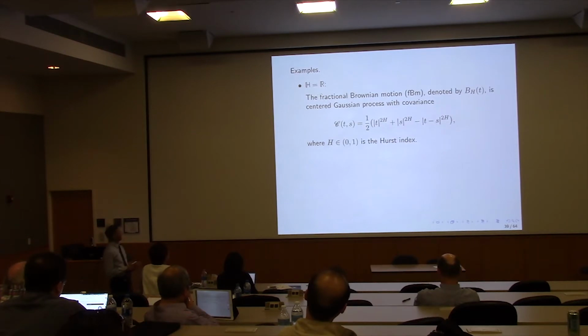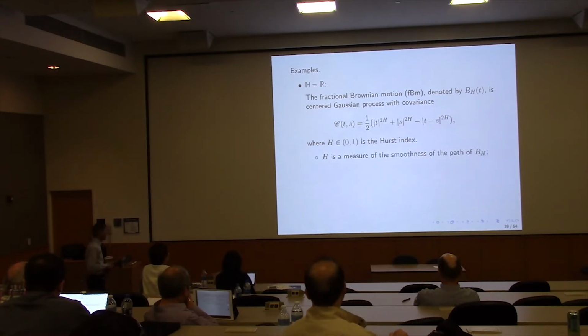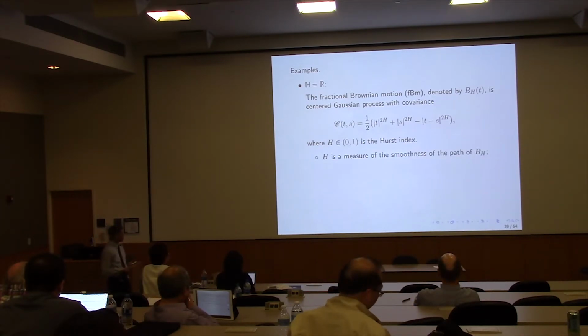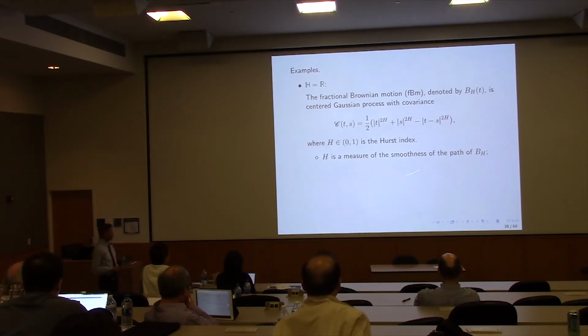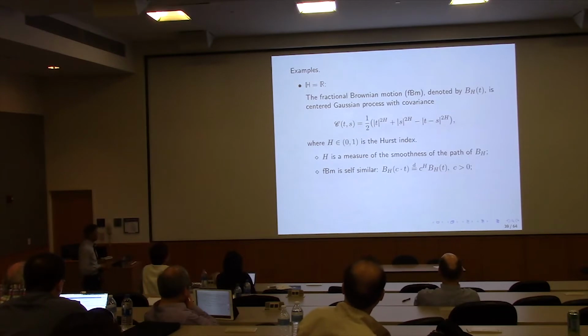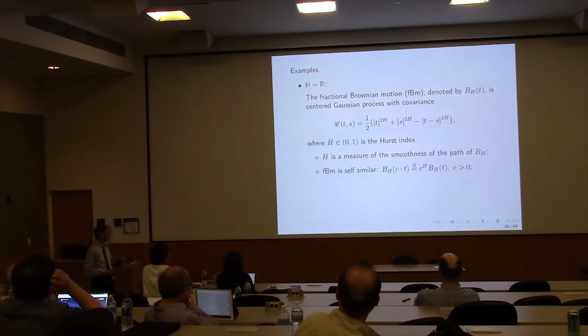Some examples. So let's take a very simple case where the Hilbert space is actually the real line. The fractional Brownian motion introduced by Mandelbrot has this covariance. H here is called the Hurst index. H measures the smoothness of the path of the process.